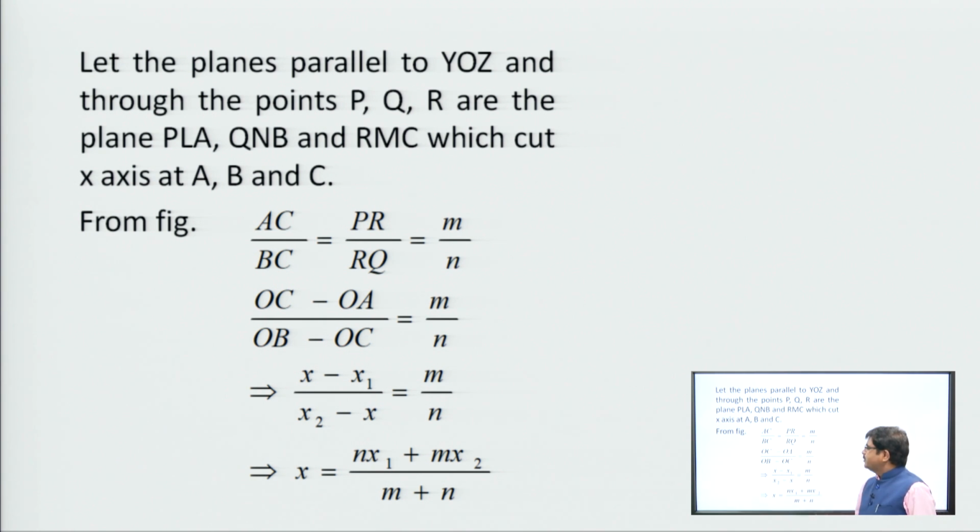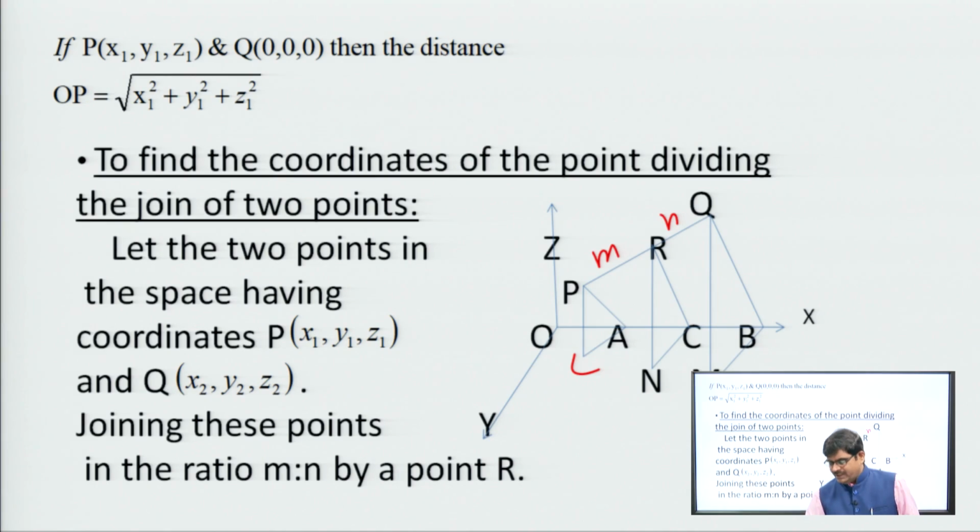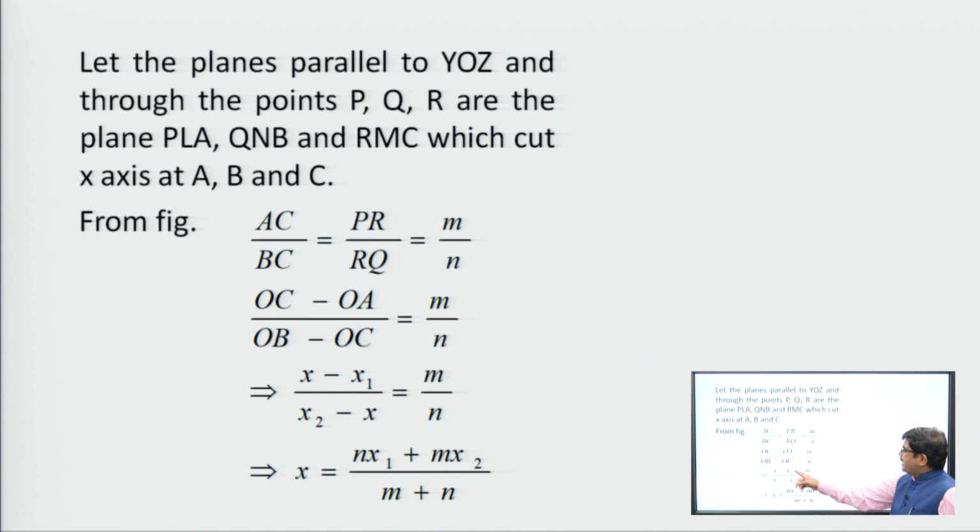Putting the value of OC, here from O to C, and OA, this point, we get (x minus x1) upon (x2 minus x) equals m upon n.